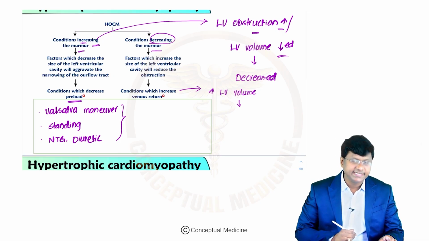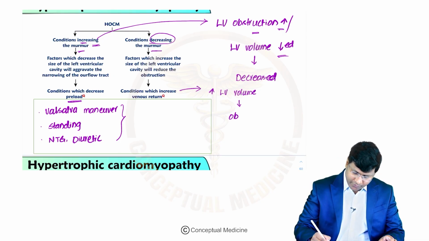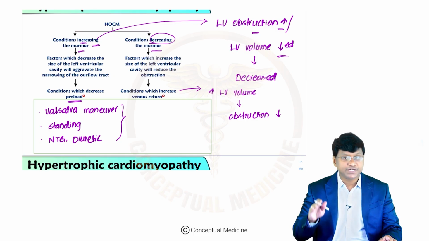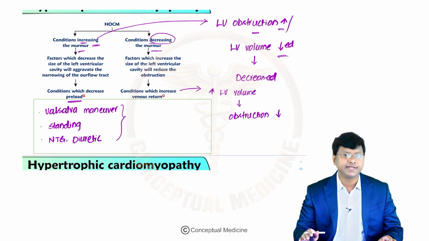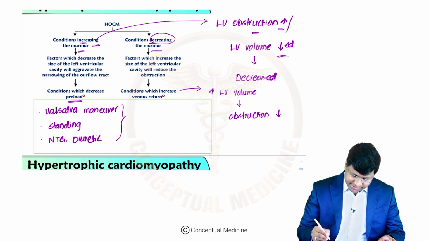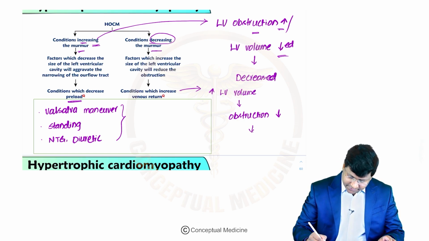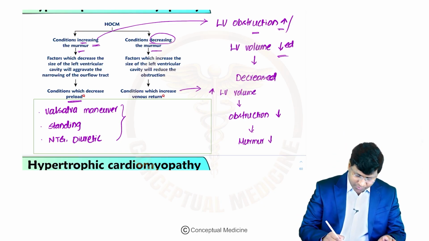So once there is increase in LV volume, what will happen to the obstruction? The obstruction decreases. So once the obstruction decreases, what will happen to the murmur? The murmur decreases. The intensity of the murmur decreases.